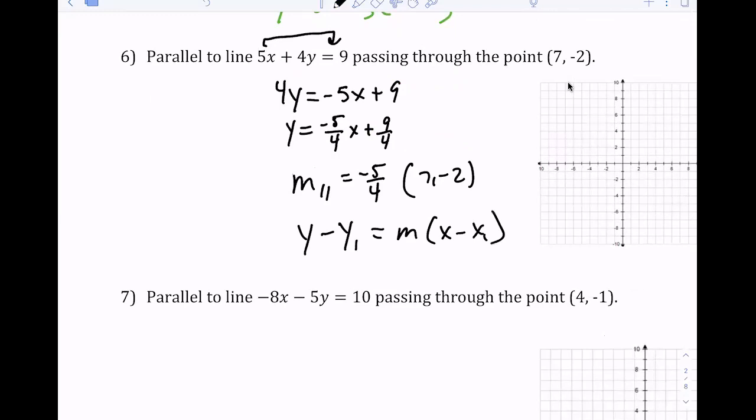So it's y plus 2 equals -5/4 times x minus 7. Come on, guys. We should all be able to do that.